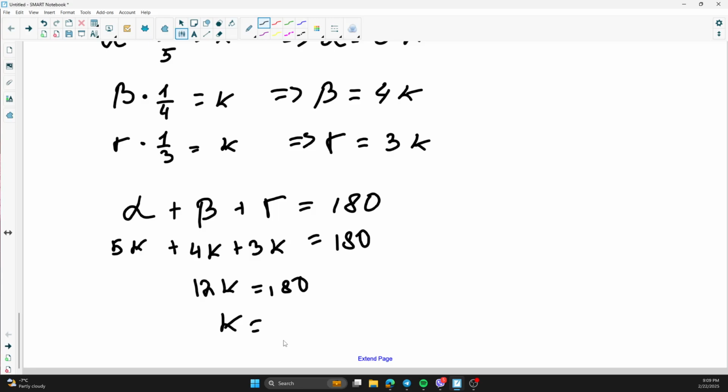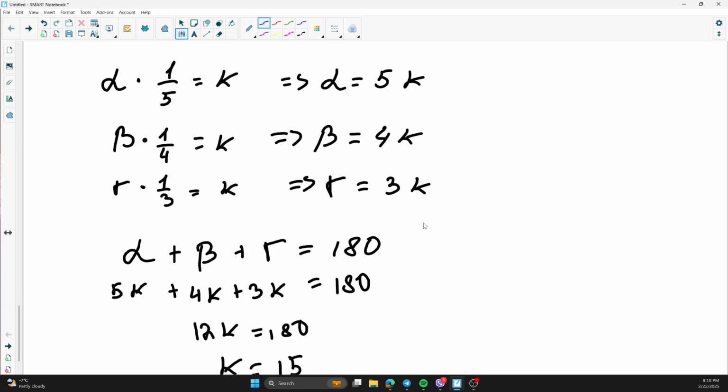I'm gonna go on a whim and say something like 16 or 18. Actually, you've been close: 14 and 16, it's 15. Okay, if k is 15, now you can find your angles, alpha, beta, and gamma.